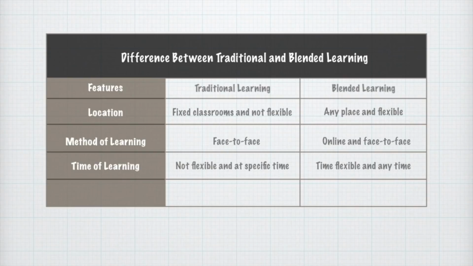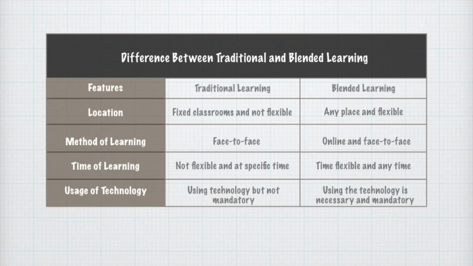However, in blended learning, it must be time flexible and any time. And lastly, the use of technology. In traditional learning, it's using technology but not mandatory. However, in blended learning, using the technology is necessary and mandatory.